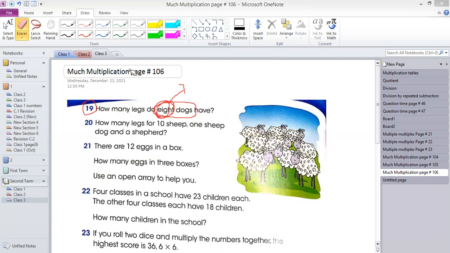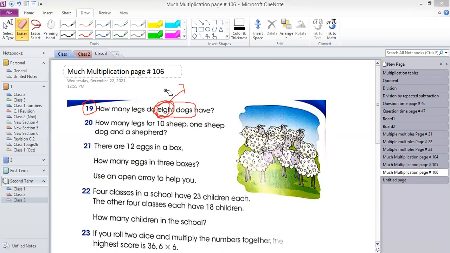Very good. Exactly, guys. The answer is 4 multiplied by 8. And 4 multiplied by 8 is equal to 32. 32 legs.